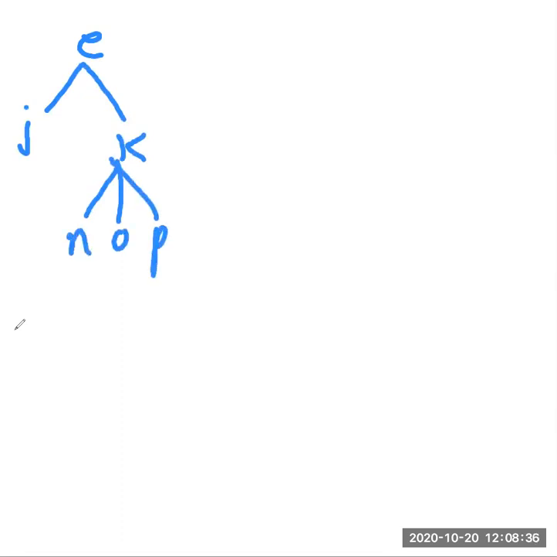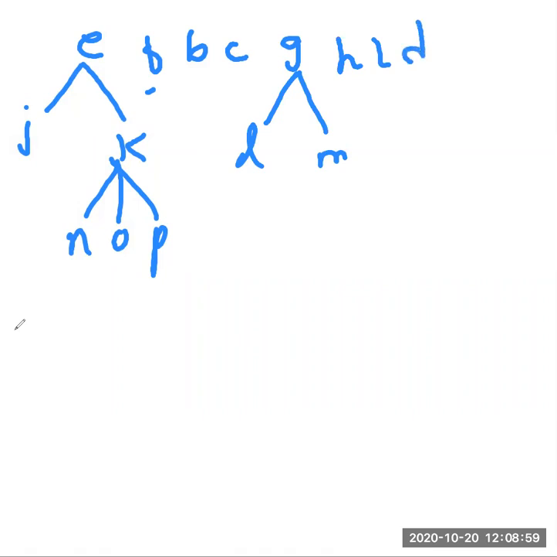So it will be E. E will be split as J, K, and K as N, O, P. Then the next subtree will be F, then B. C as it is. D will be split as G, which will be L and M. Then the next subtree H, then I, then D, and then A, the main root of the tree.